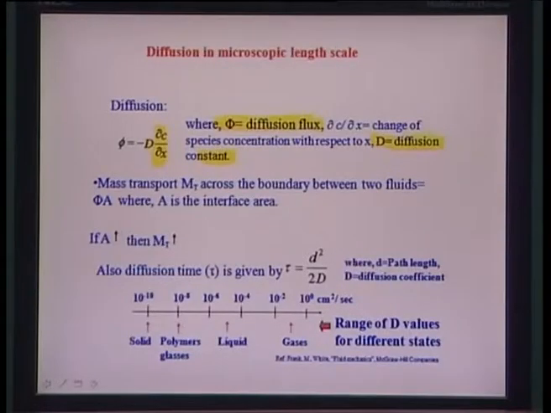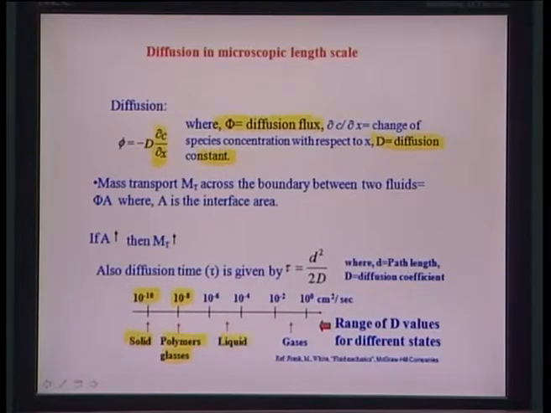And the proportionality constant really is D here, the diffusion constant, which can vary for different states of matter. For example, the diffusion constant is very low if you consider a solid. You see the scale below here, the diffusion constant is in the range of about 10 to the power minus 10 in case of solids. In case of polymers and glasses, this constant increases a little bit, goes to about 10 to the power minus 8, but still is very low.